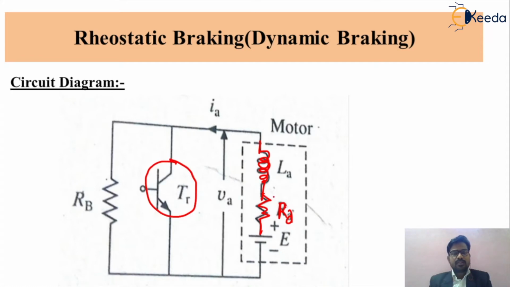Because at the first condition, when the period is 0 to t on, the energy stored in that inductor will be dissipated in this armature resistance and this transistor. This is the first operation, the 0 to t on period, the first cycle of your waveform.